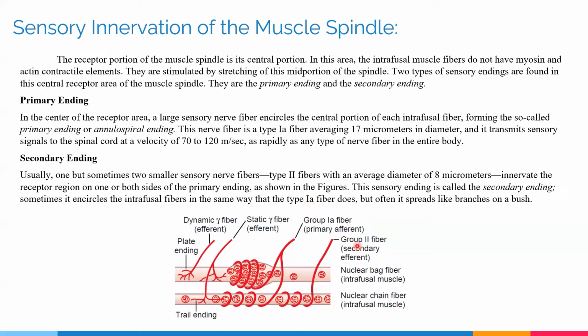So here we can see the group 2 fibers that innervate this ending. This sensory ending is called the secondary ending. Sometimes this particular group 2 ending encircles the intrafusal fibers in the same way that the type 1A fiber does, but often it spreads like branches on a bush and thus innervates a larger portion of the muscle.